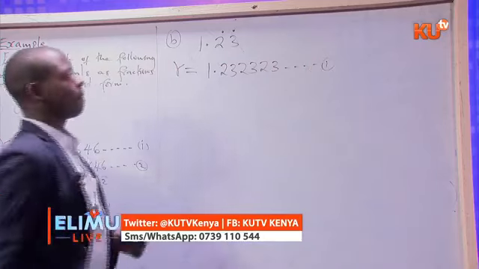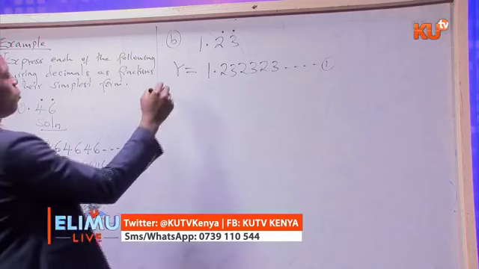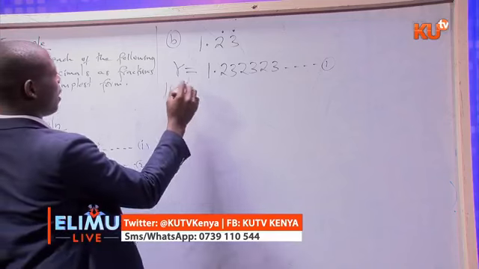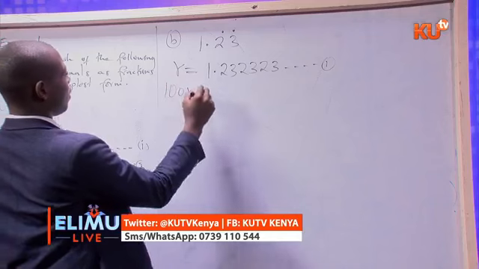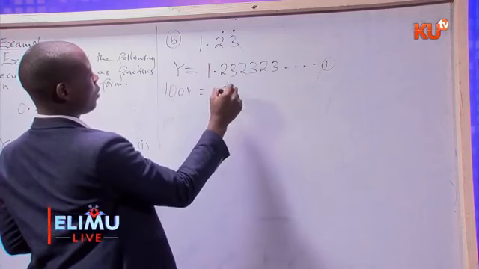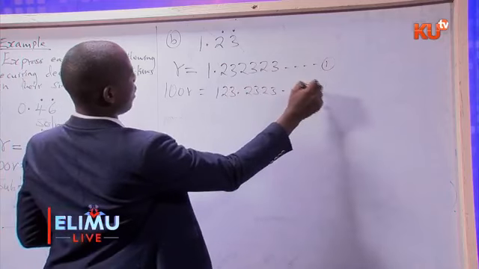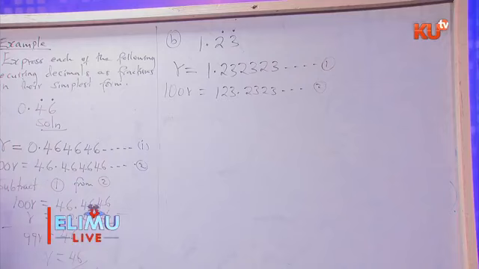Equation 1. How many decimal places? 2. So we go to 100 of R. Now we move 2 decimal places. 1, 2, 123.2323. Equation number 2.